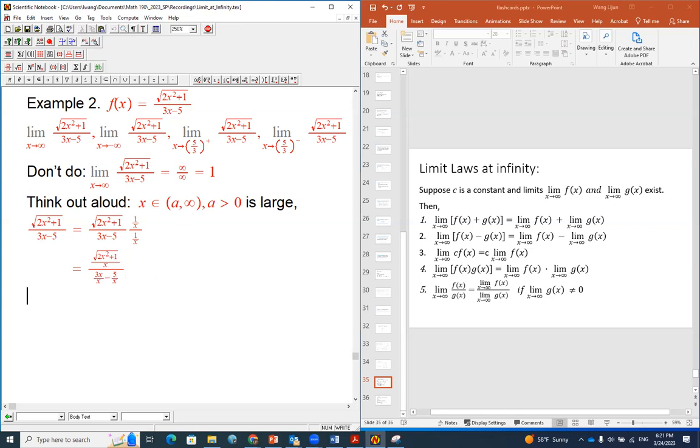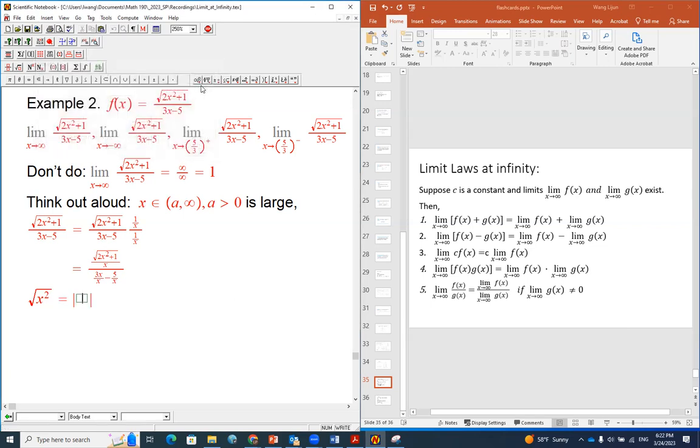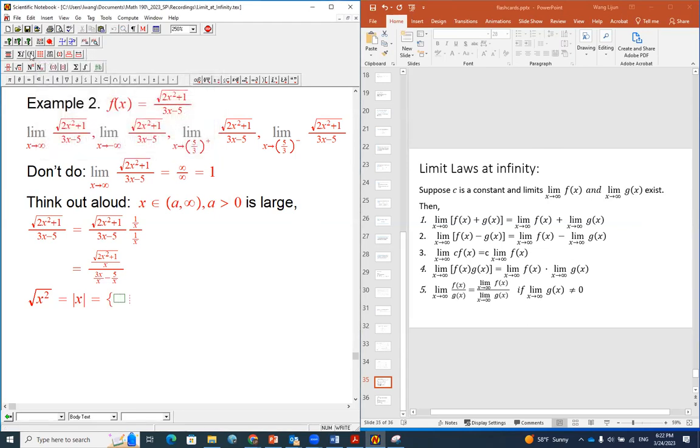We know these facts. The square root of x squared is equal to the absolute value of x. And the absolute value of x is the same as a piecewise function.